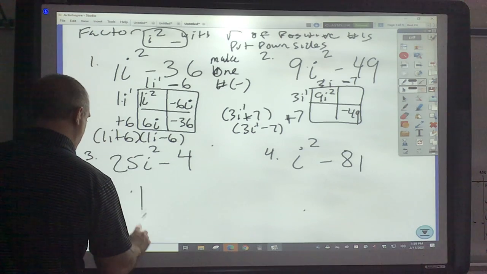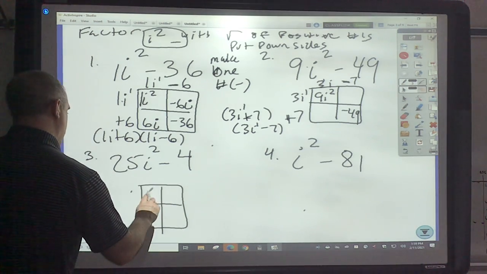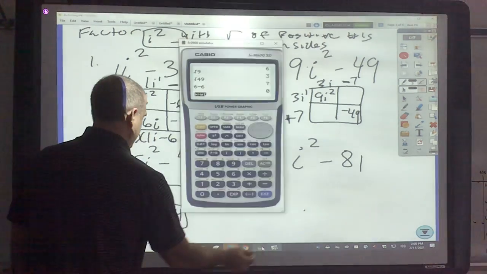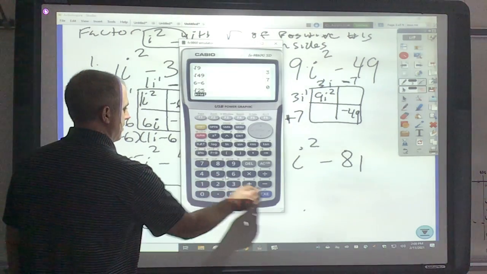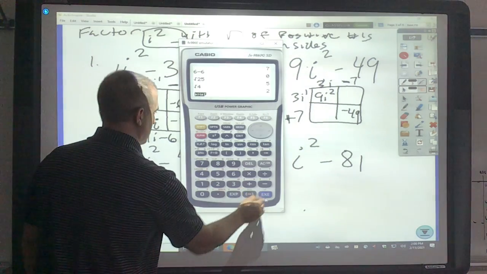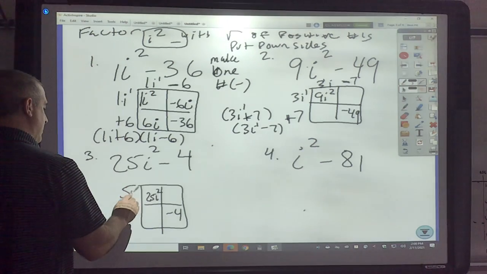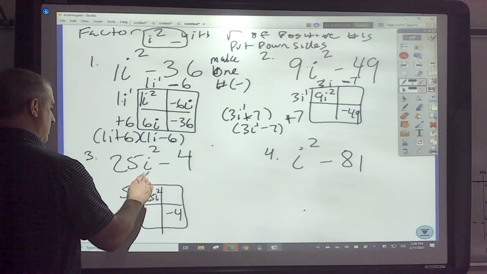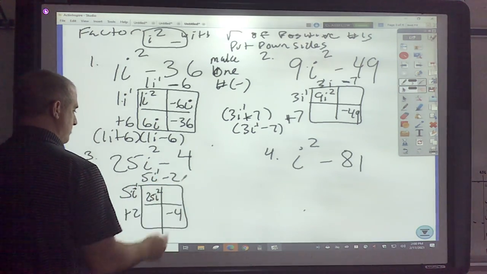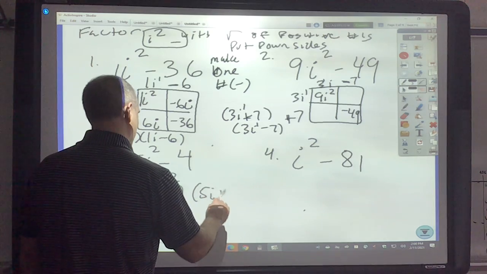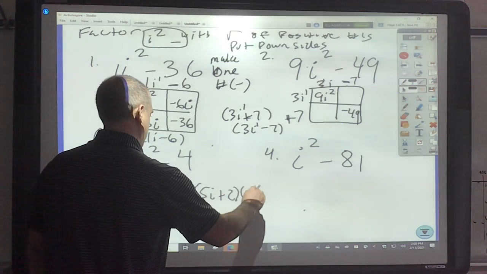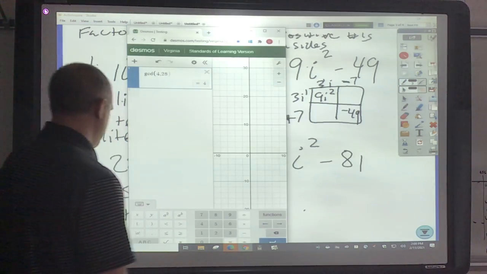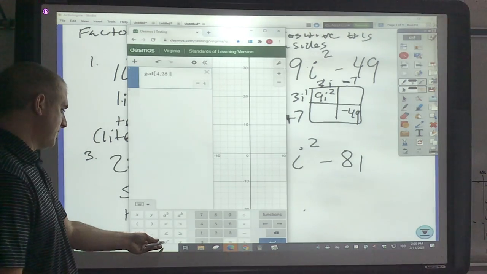So 2 terms, 25I squared minus 4. I can take the square root of 25, square root of 4. That's 5I and 2, 5I to the first minus 2. So those are my 2 factors. If you're using Desmos, the square root button's right here.